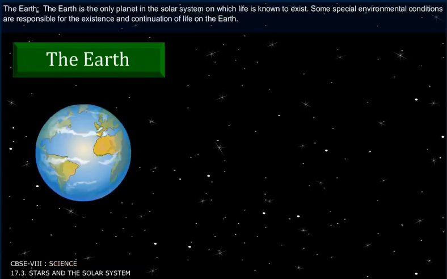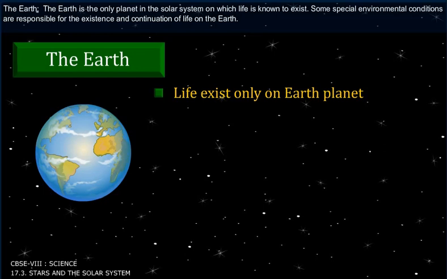The Earth. The Earth is the only planet in the solar system on which life is known to exist. Some special environmental conditions are responsible for the existence and continuation of life on the Earth.